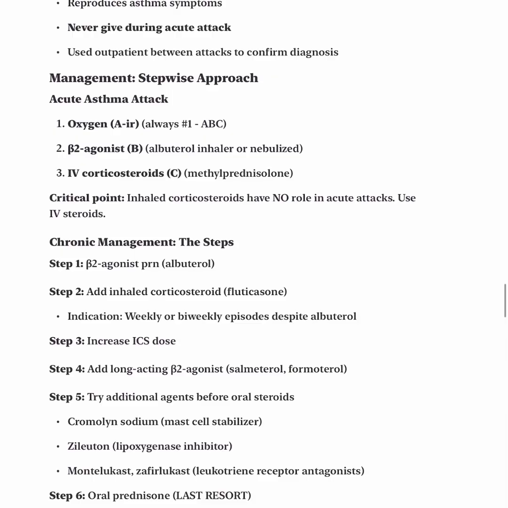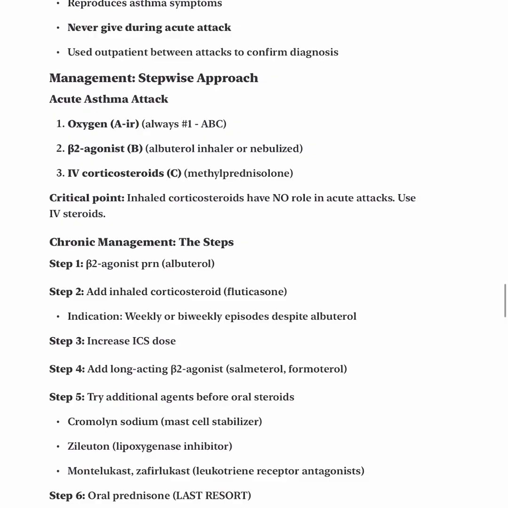Step 4 is we can add a long-acting beta-2 agonist such as salmeterol or formoterol. Step 5 is we can try additional agents before oral steroids. We're thinking cromolyn sodium mast cell stabilizers, zileuton, lipoxygenase inhibitors, montelukast, zafirlukast, which are leukotriene receptor antagonists.